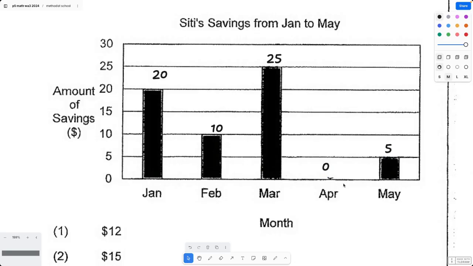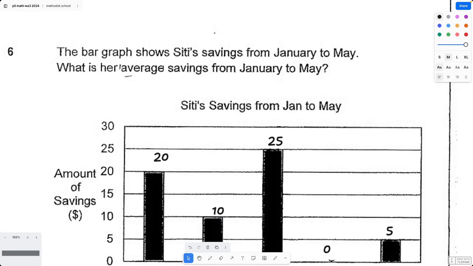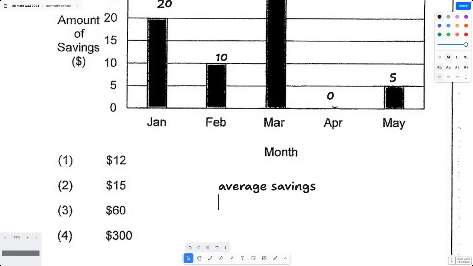Okay, all right, so let's get the average savings from January to May. The average savings is basically the total divided by the number of months.